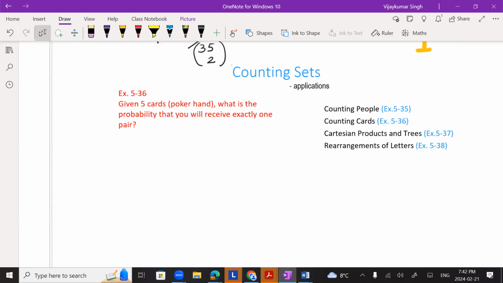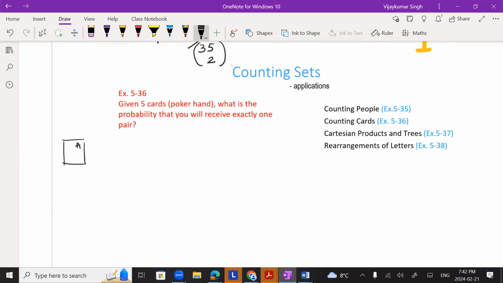And you're choosing it from one deck. You're not choosing from many decks. So let's try to understand what the deck looks like, okay? Just in case somebody has not seen cards. So in cards, you have what? You have ace, which is number 1, right?